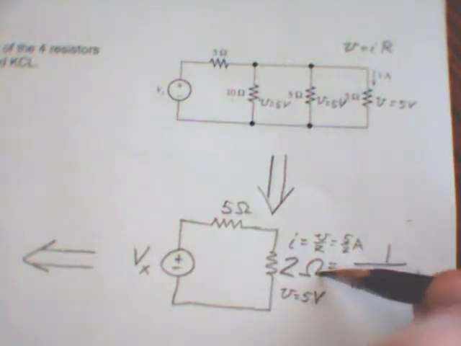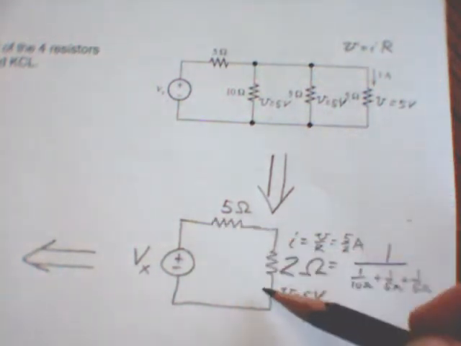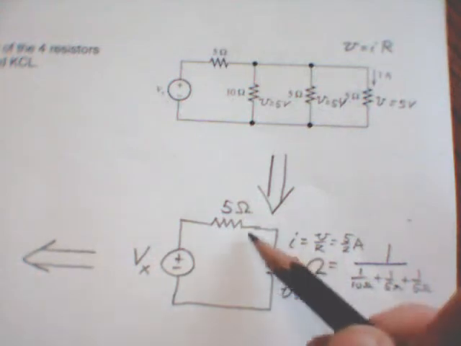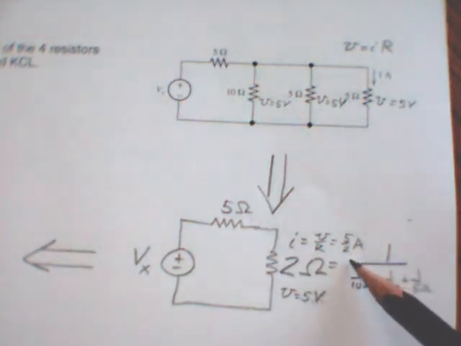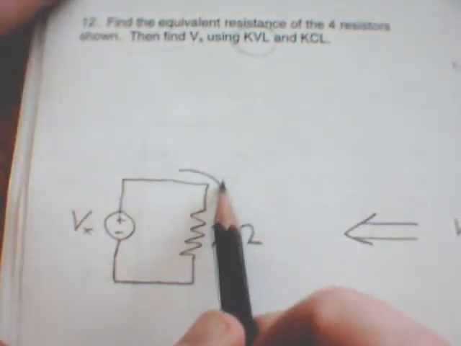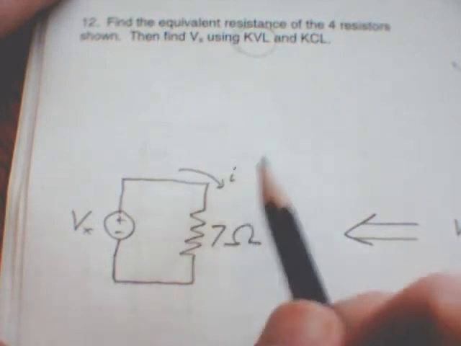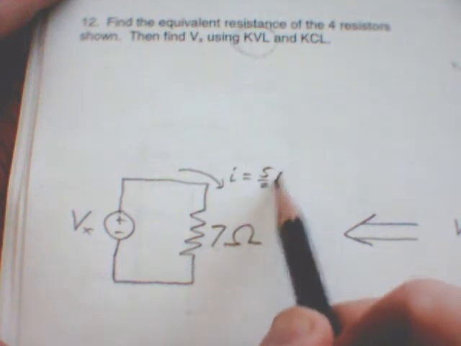That means that a volt per ohm is just an amp. So that's the current going through that one. Now since these are in series, then that also means that the current going through this one is 5 halves as well. And in fact, that's the same as the current going through this over here. So now we have found the current through this equivalent circuit to be 5 halves of an amp.